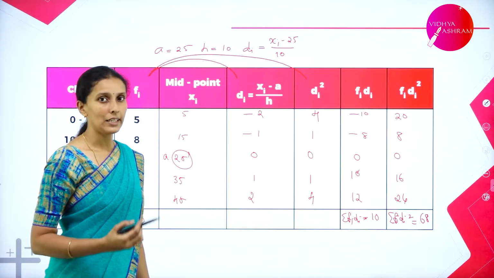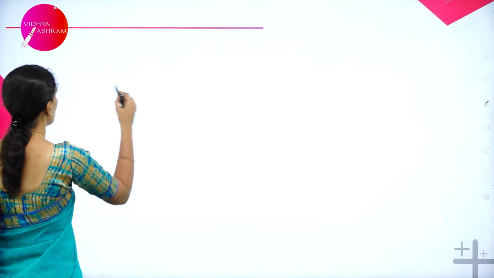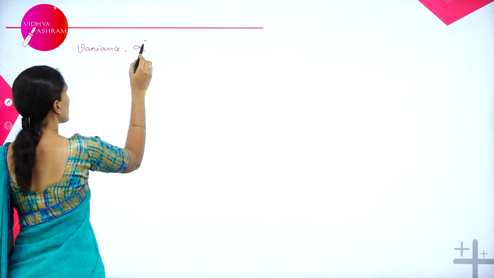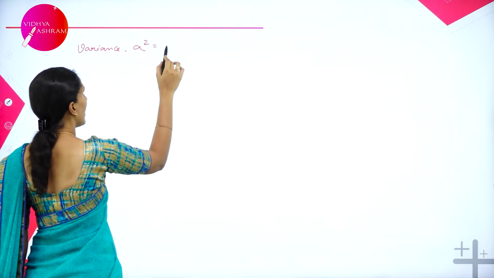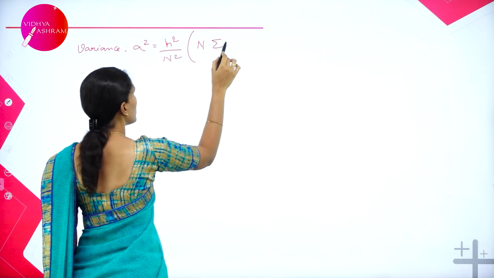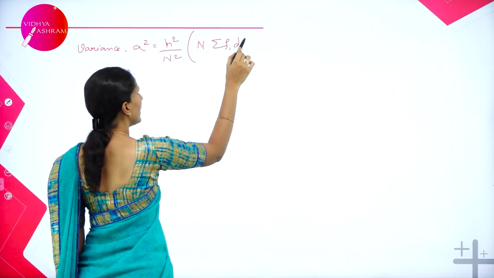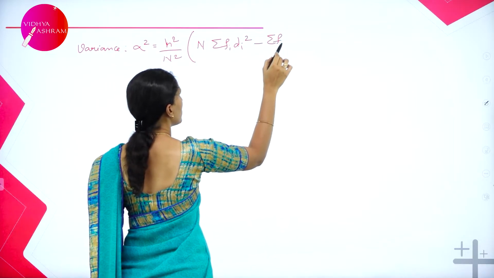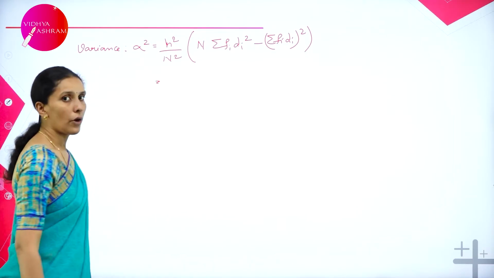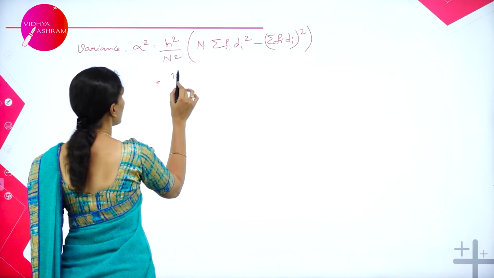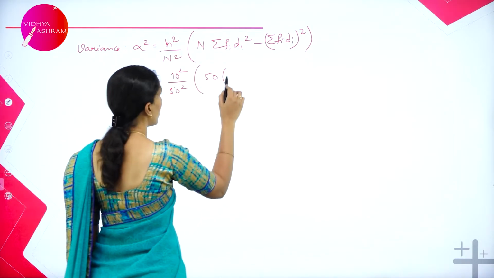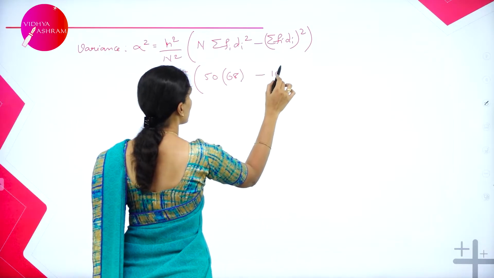So let us calculate the variance and standard deviation. Variance, that is sigma square, is equal to h square divided by n square into n into summation Fi Di square minus summation Fi Di whole square. Now h square, so therefore 10 square by 50 square into 50 into 68 minus 10 square.